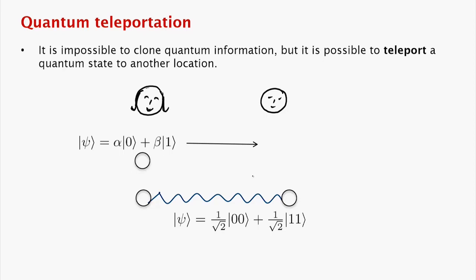So let's assume that Alice and Bob share a Bell state. So Alice has a qubit and Bob has a qubit, which are entangled in the state 00 plus 11.